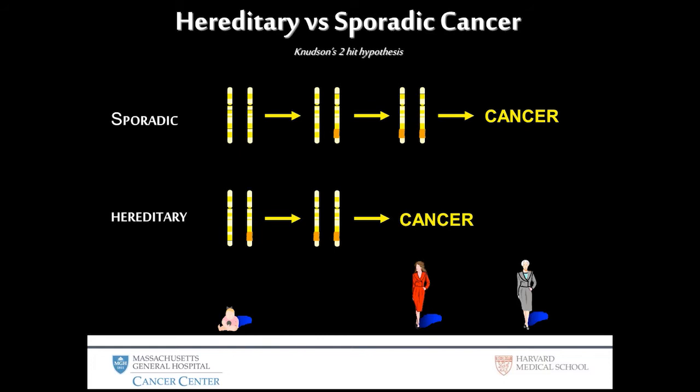To get a sense of what we're looking at here, when we look at hereditary cancers in general versus sporadic cancers in general, a good thing to think about is Knudson's two-hit hypothesis. At the top of the screen, we look at sporadic cancer that can occur in women who don't have genetic mutations.